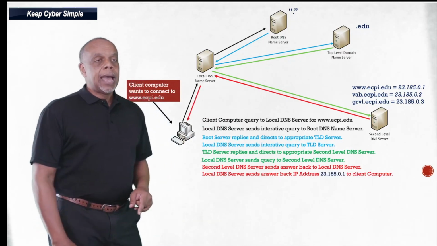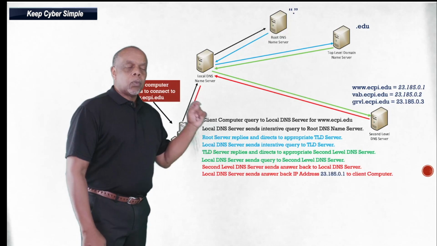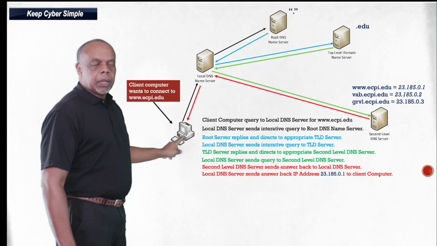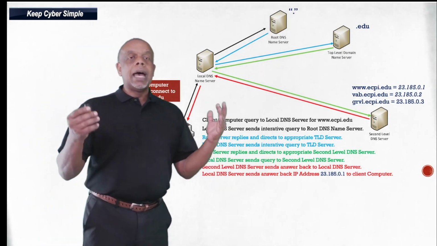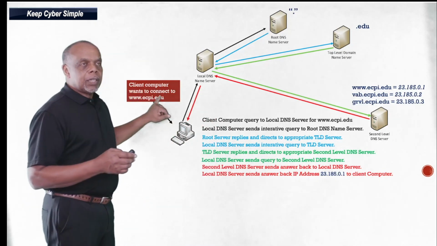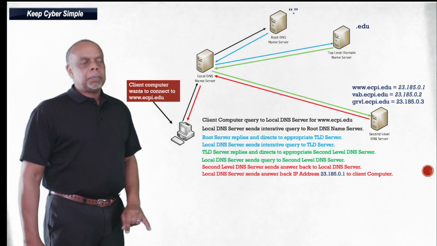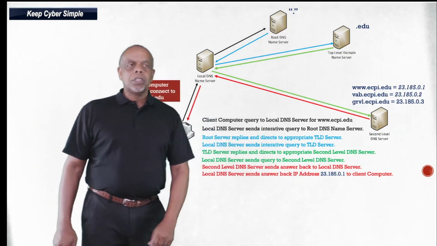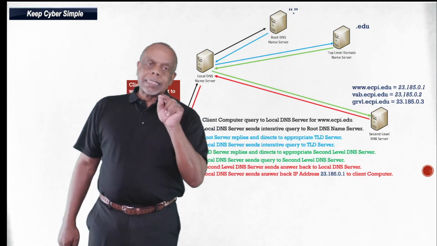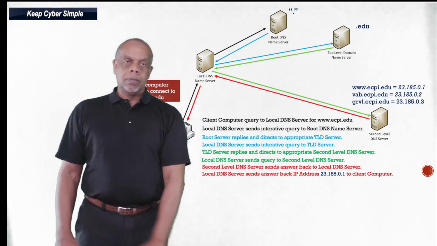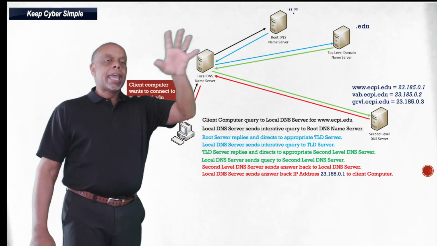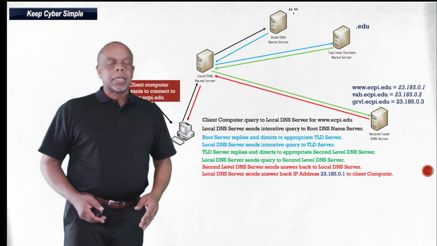So it sends the IP address 23.185.0.1 to my computer. Now my computer's happy. It says, I have resolved www.ecpi.edu to IP address 23.185.0.1. And then from there, it goes out, and now I can get to the website.